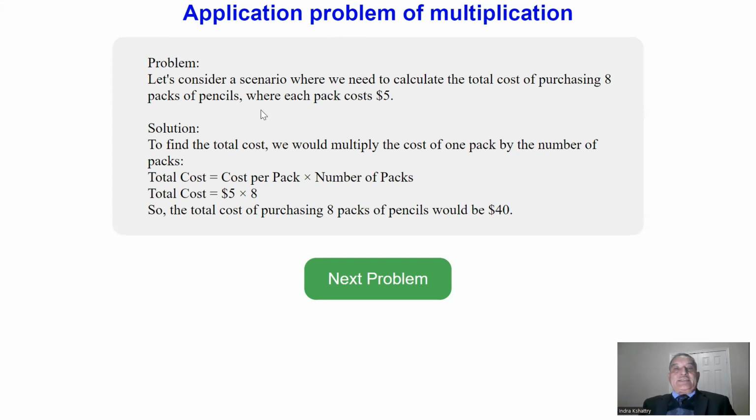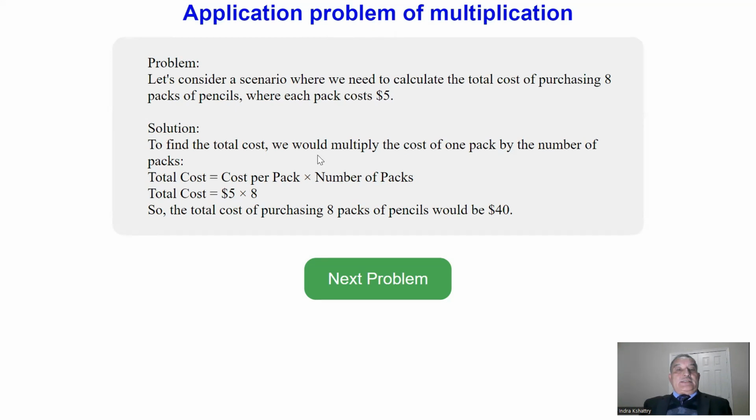Let's consider a simple example that illustrates the concept of the application. Here, this problem states how to find the total cost given the unit cost and the number of units. The mathematical format will be: the total cost equals the unit cost multiplied by the number of units.